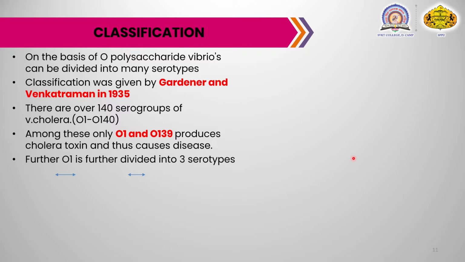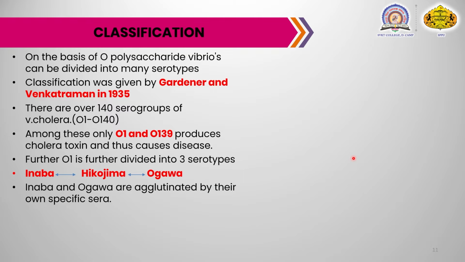Now, this O1 serotype is further divided into three different serotypes: Inaba, Hikojima and Ogawa. These three have different O type serotypes on their cell surface. Inaba and Ogawa are generally agglutinated by their own antisera.